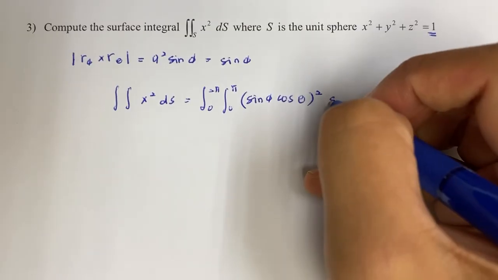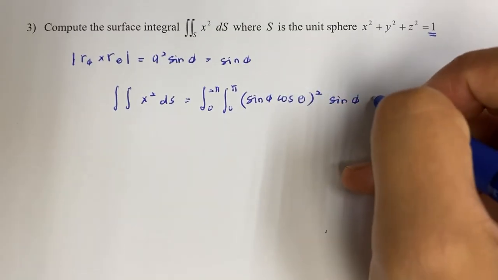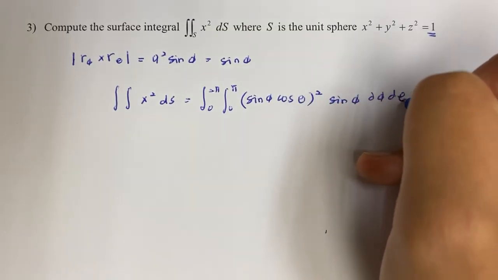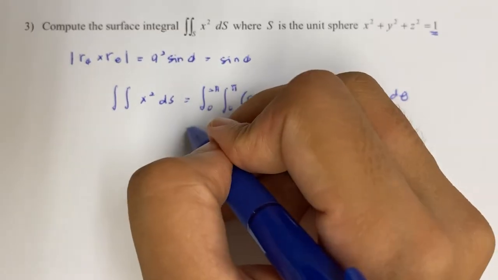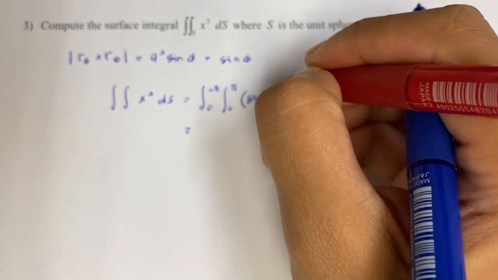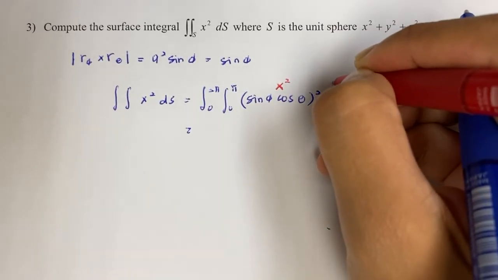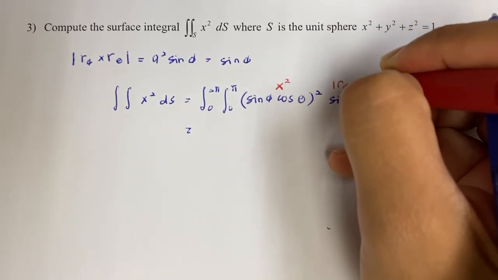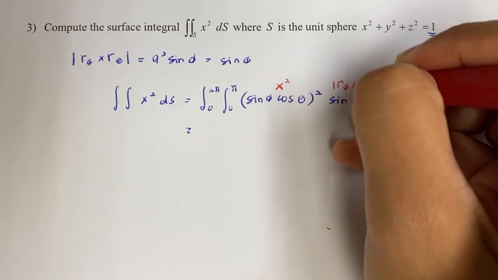So the magnitude is sine phi d phi d theta. Again, this is the x squared, and this is our magnitude, r phi cross r theta.